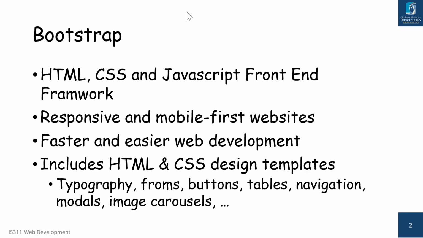Remember, in the last lecture we studied how we can write our CSS file. If we start working on it and try to make a responsive website, that responsive website takes a lot of different things. Especially, remember we have a picture tag.